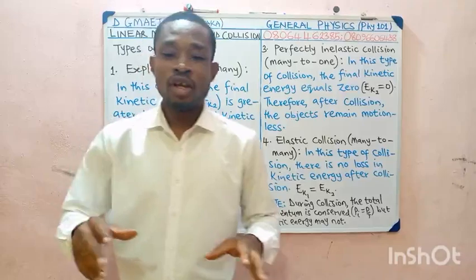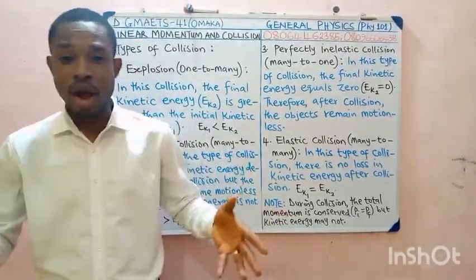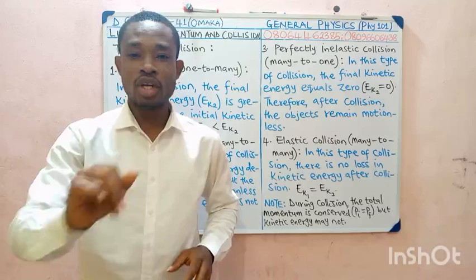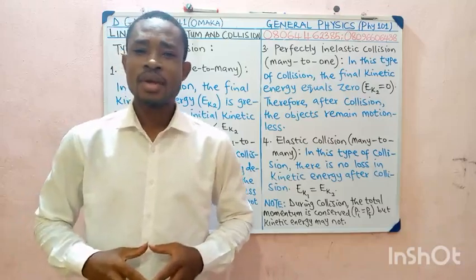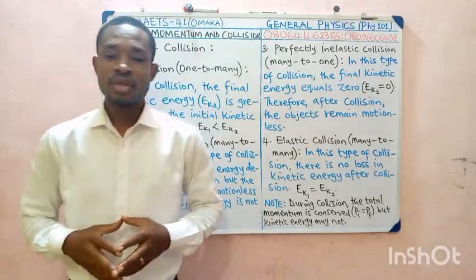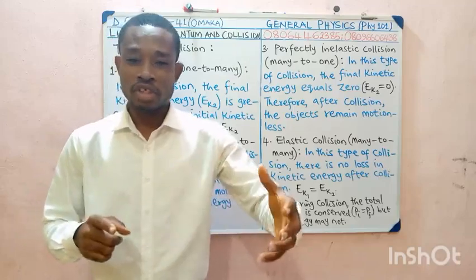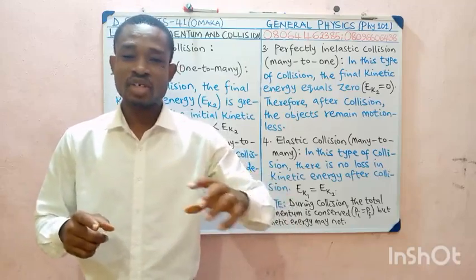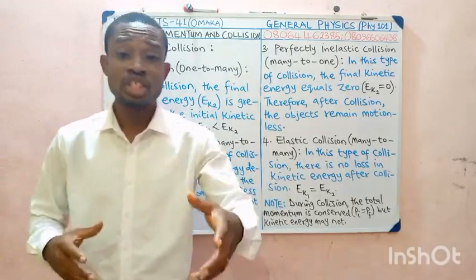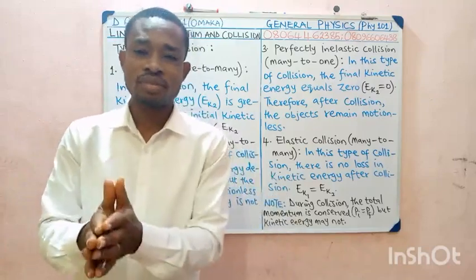Until now, we've learned a lot about linear momentum and impulse. Now we want to look at the types of collision. It's very important that we consider that, because we stated a law known as the law of conservation of momentum, which states that during the interaction of objects, or simply during collision of objects, the total momentum of the system is conserved.